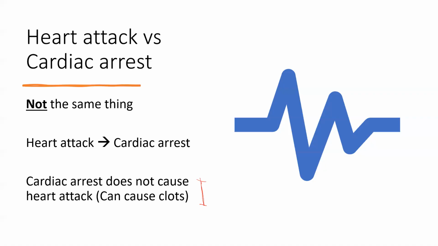And if you were to get them into a ROSC state, so their heart starts beating again, they could end up with a blood clot, depending on where it is. It can go into the heart, so they can also end up with a PE or a stroke after you've gotten them back. Which is why a lot of patients, when they get a ROSC and they go to hospital, are placed on some form of blood thinner like heparin as a precautionary thing.